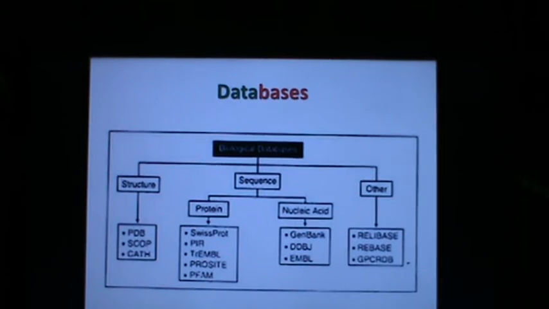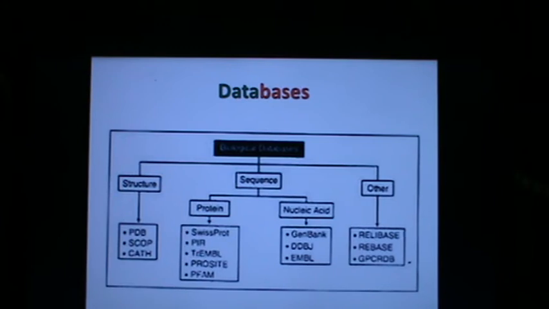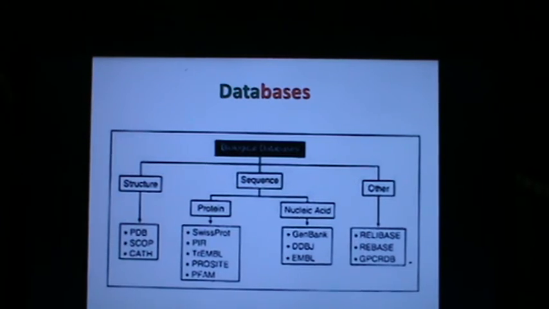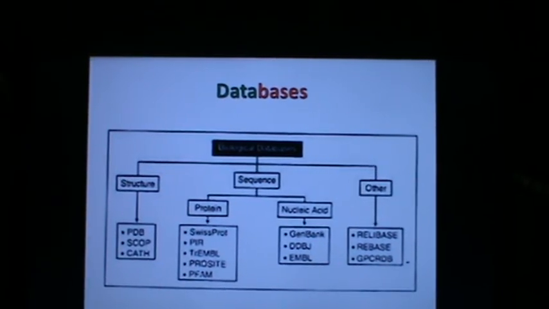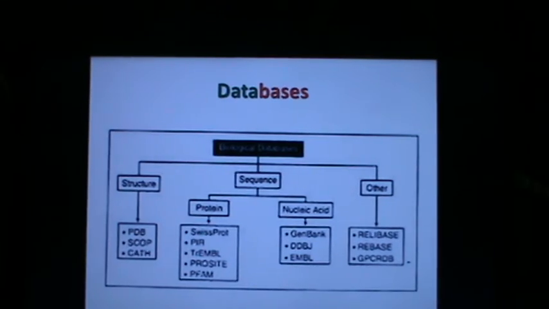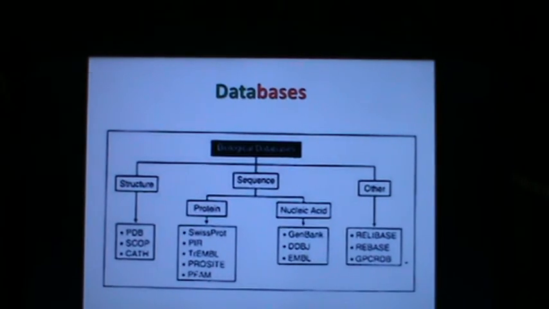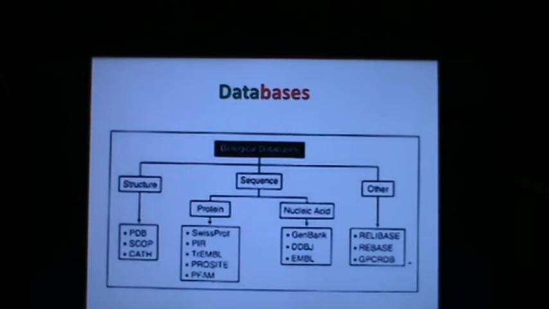In the protein group, Swiss-Prot, PIR, TrEMBL, PROSITE, Pfam are included. And in the nucleotide databases, GenBank, DDBJ, EMBL are some of the biological databases included. The last one is other types of databases, like enzyme databases, disease databases, literature databases, metabolic databases.